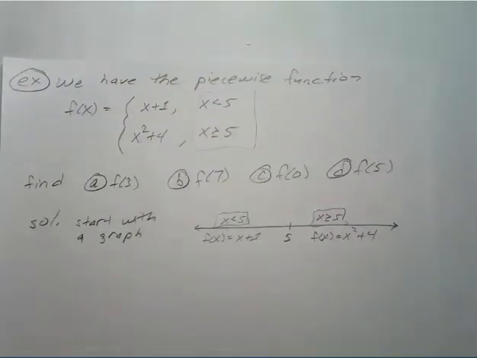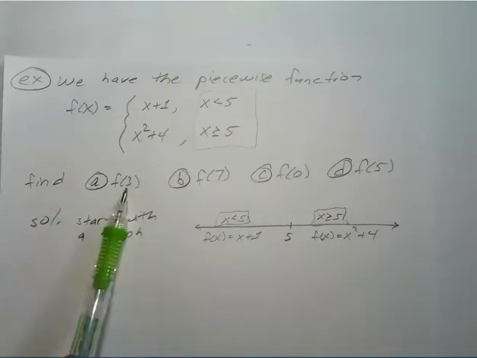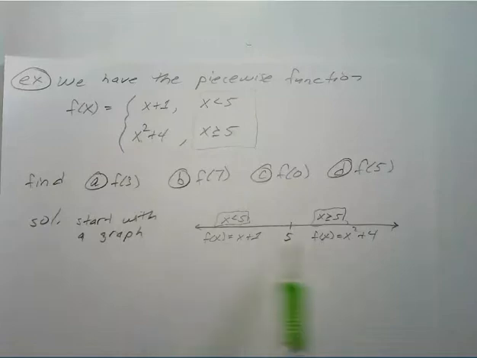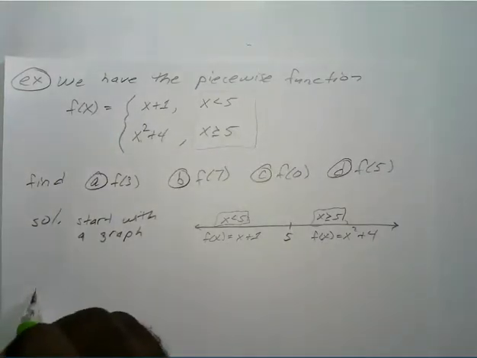Solving each one of these depends on where that x value falls. So 3, 7, 0, and 5 determine which f of x you're going to use. Let's start with problem A.